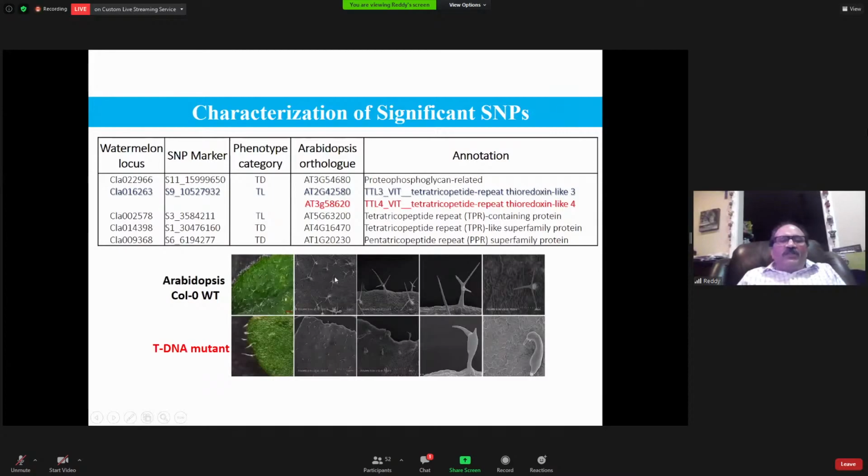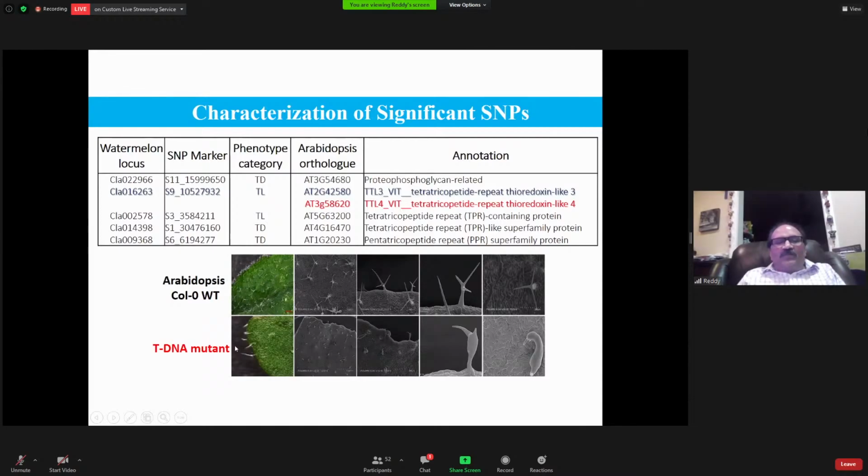So what we did, we silenced some of those genes using T-DNAs. Then what happens to the trichome? The normal trichome in Arabidopsis looks like this, branched. Watermelon does not have branches, but Arabidopsis has these branched trichomes, and you see how dense it is on the leaves.